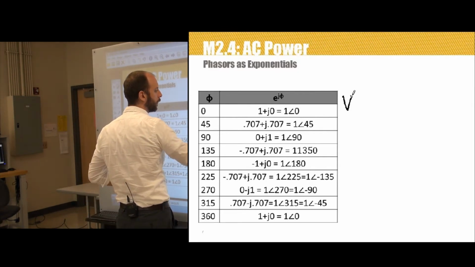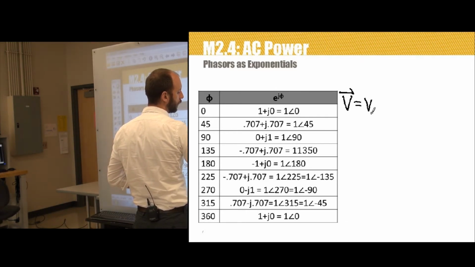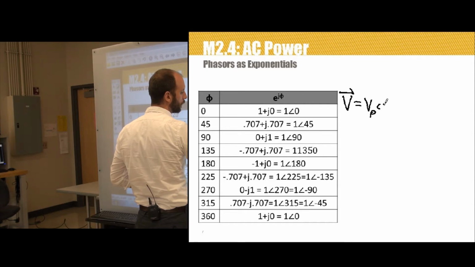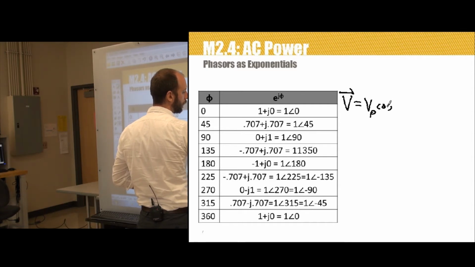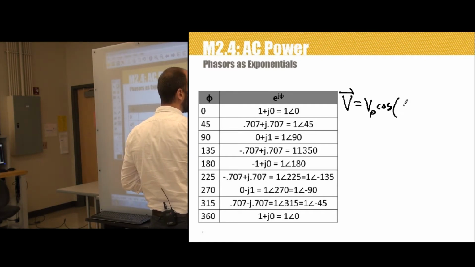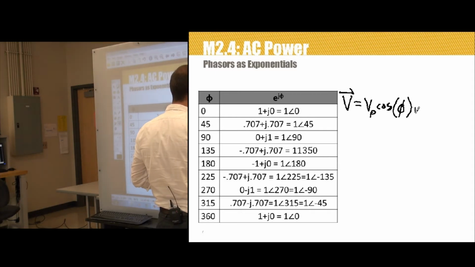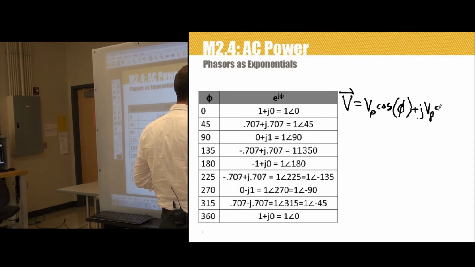We could write V, the phasor, is equal to Vp cosine of phi plus j times Vp sine of phi.